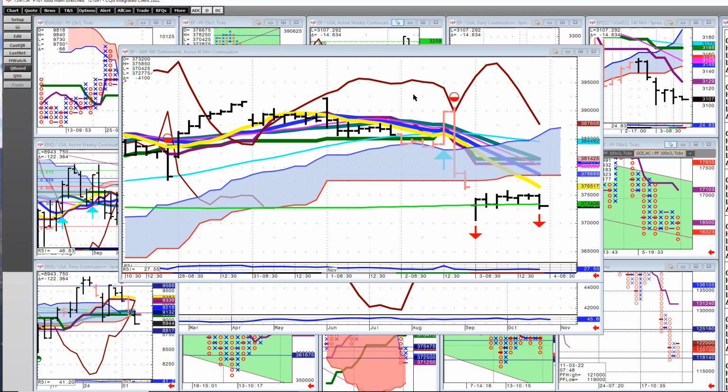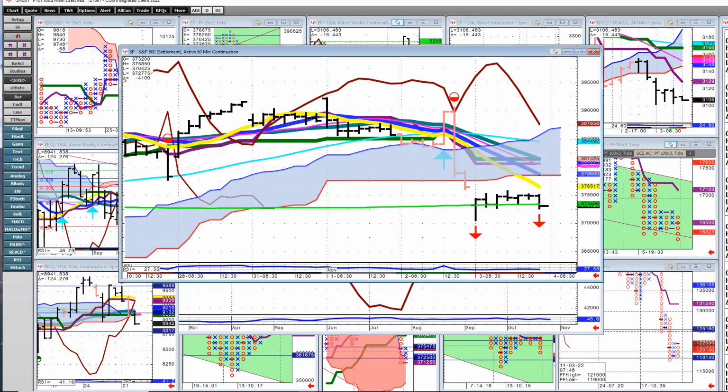Yeah. Well, I'm trying to take this shorter time frame stuff and I'm trying to merge it with my primary trend stuff for purposes of better execution.